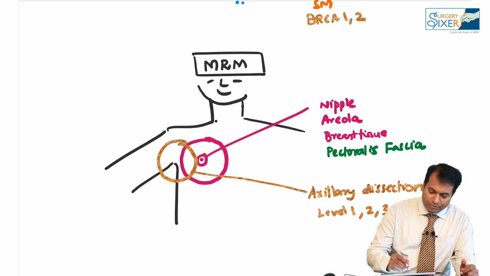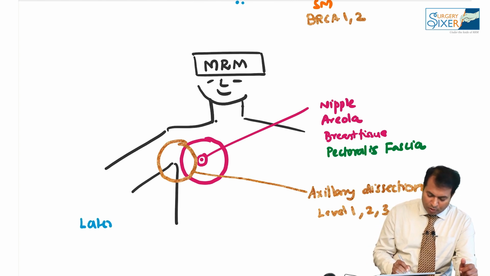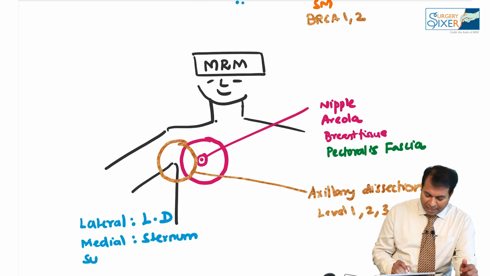And the boundaries of MRM: laterally it is bounded by latissimus dorsi. Medially it is bounded by sternum. Superiorly it is bounded by subclavius muscle.